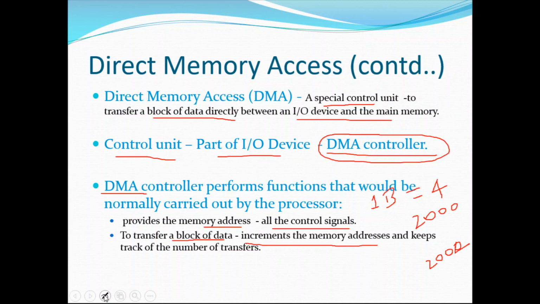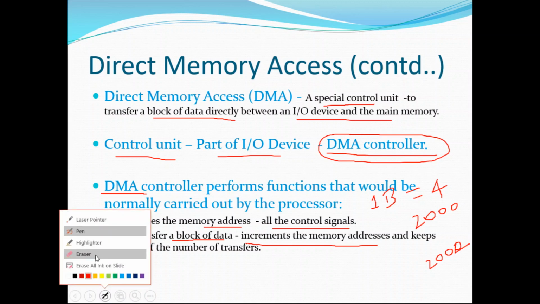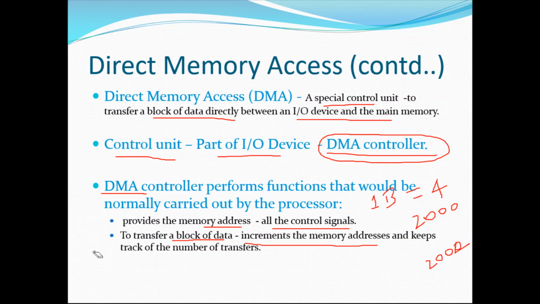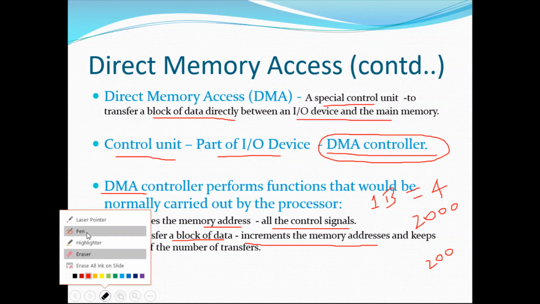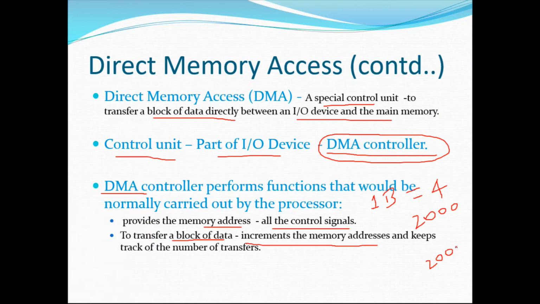After transferring the data stored in memory location 2000 to the IO device, next it should transfer the content stored in location 2001. So the address should be incremented, and this address incrementing logic will also be a part of the DMA controller.